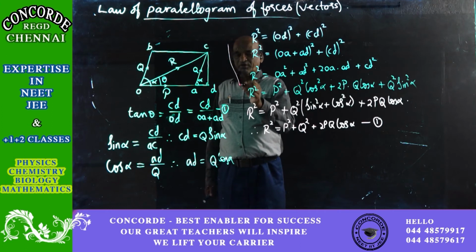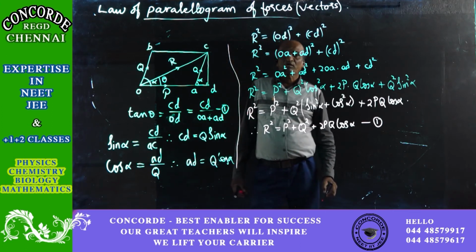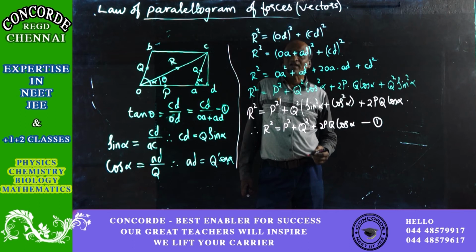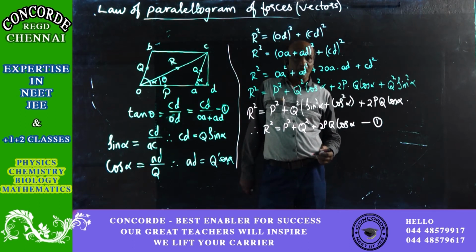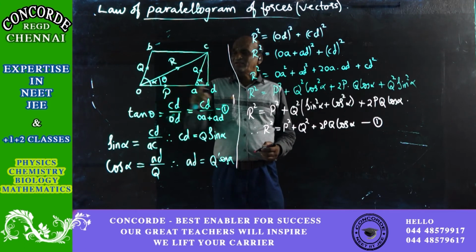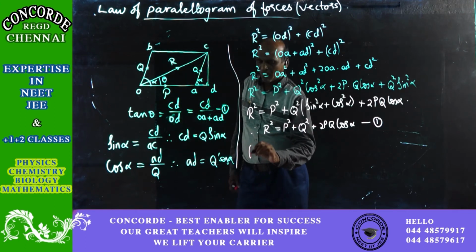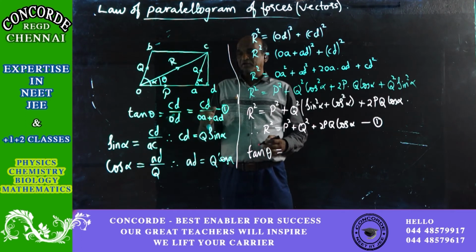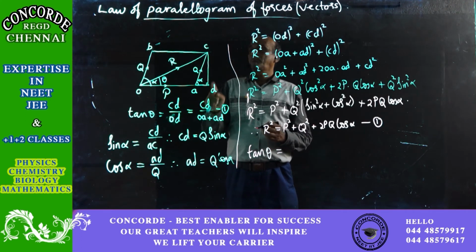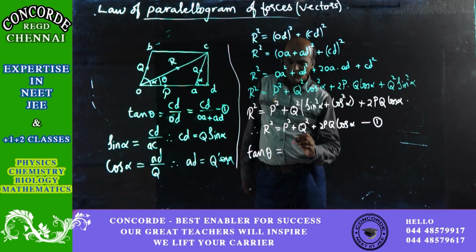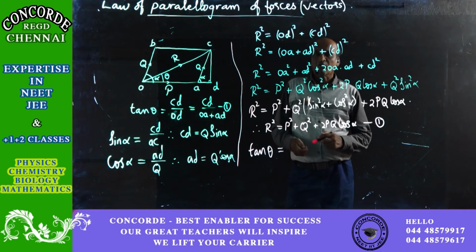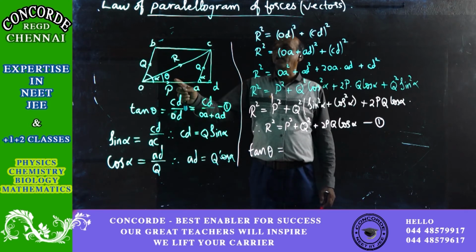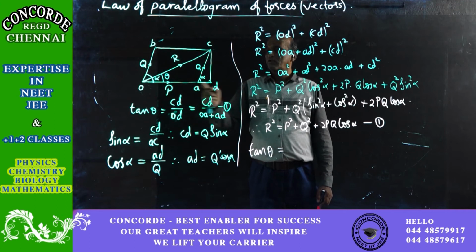Thereafterwards, equally important is the direction of the resultant, for which we know that the resultant is making an angle theta from P. And we have from the right angle triangle COD, tan theta is equal to opposite side by the base.